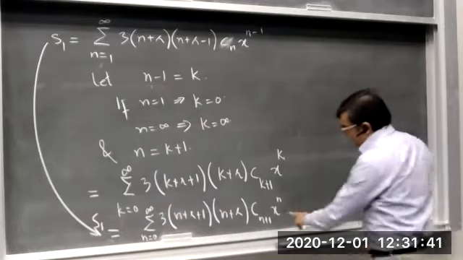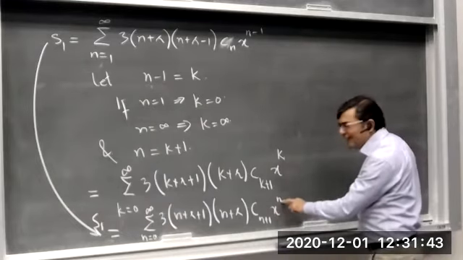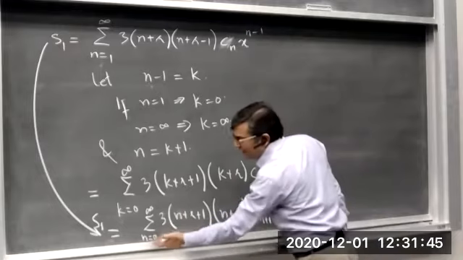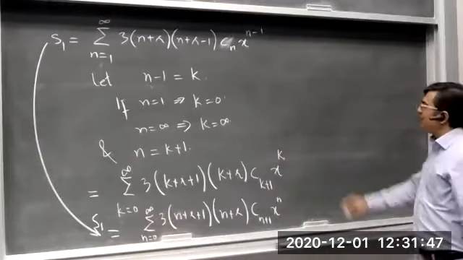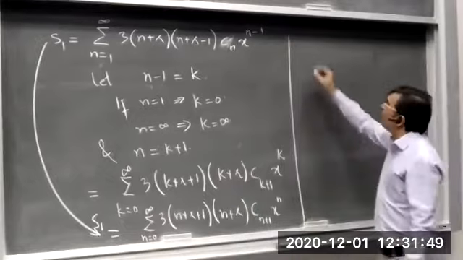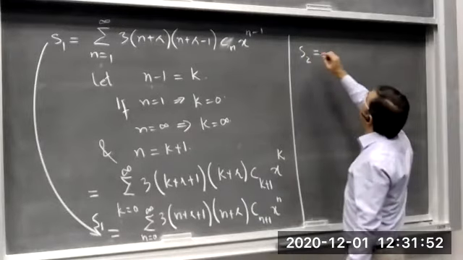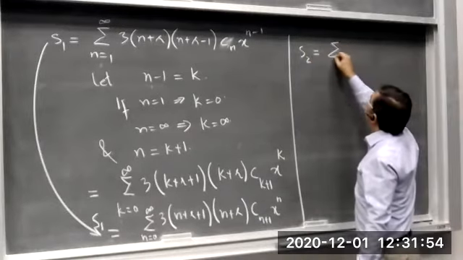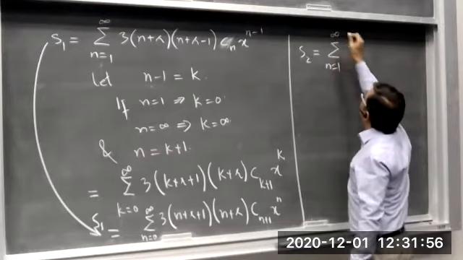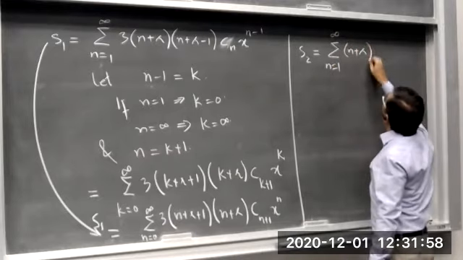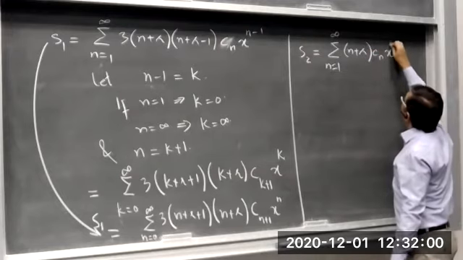Now you can see that the exponent, the power of x, is n here, and the summation starts from 0 to infinity. Similarly, we do the same for S2, series 2, which was n from 1 to infinity, (n plus r) cn x power n minus 1.